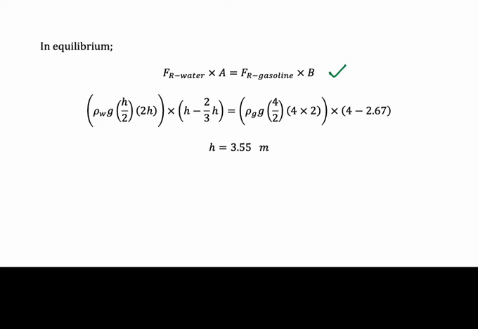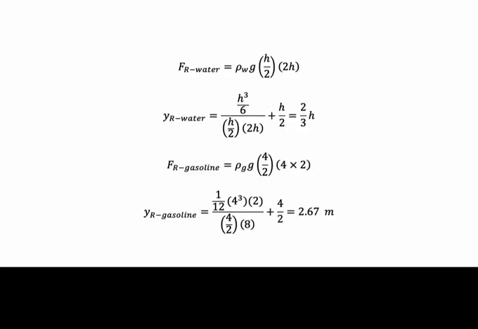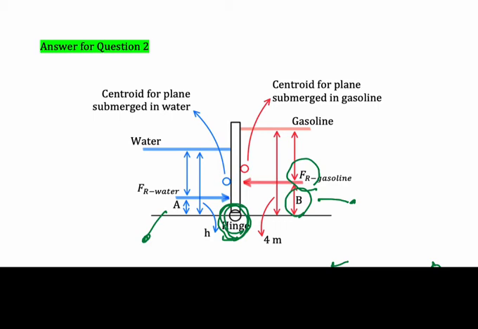So we substitute the value of resultant force due to water and the distance A. The distance A is actually the distance at the bottom here. So we get the total height, meaning H, and then we minus YR.